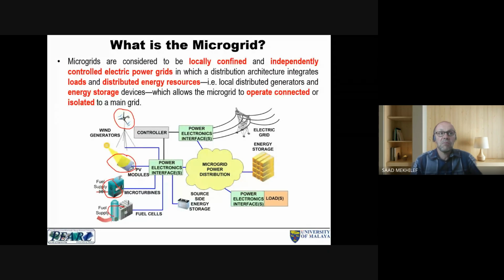We have a fuel cell, we have storage. Okay, so what does this mean? It does not mean that you must have all these components. No, this is just the options that we have.